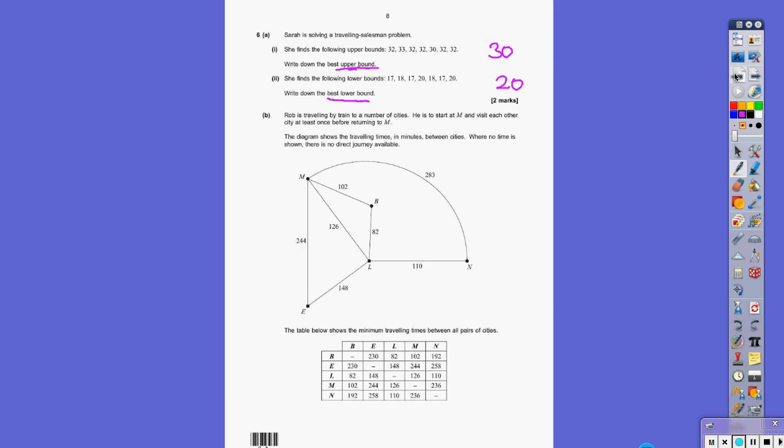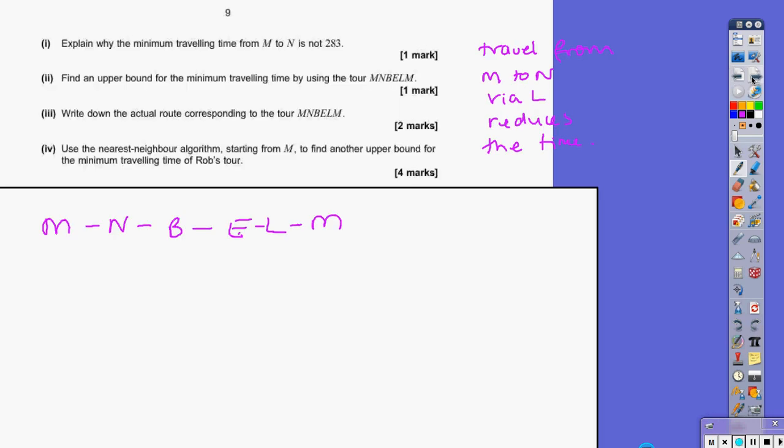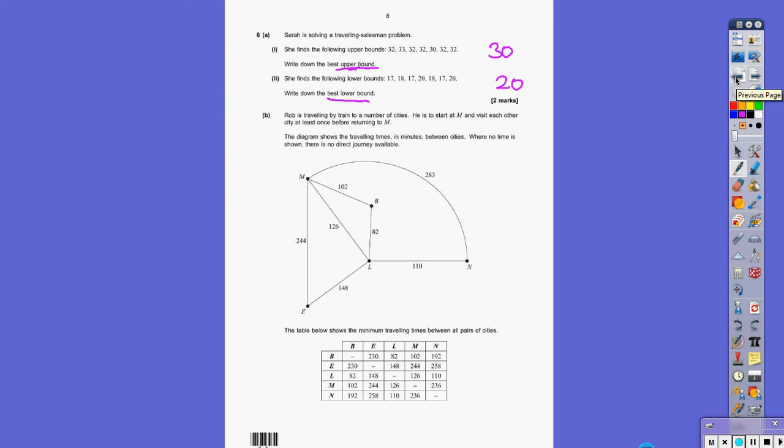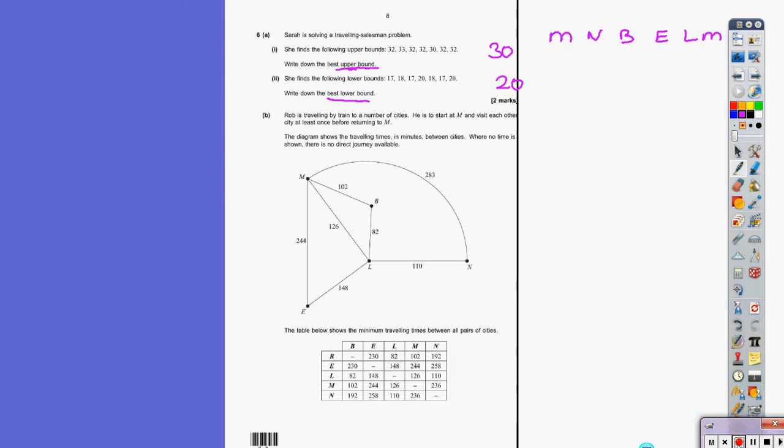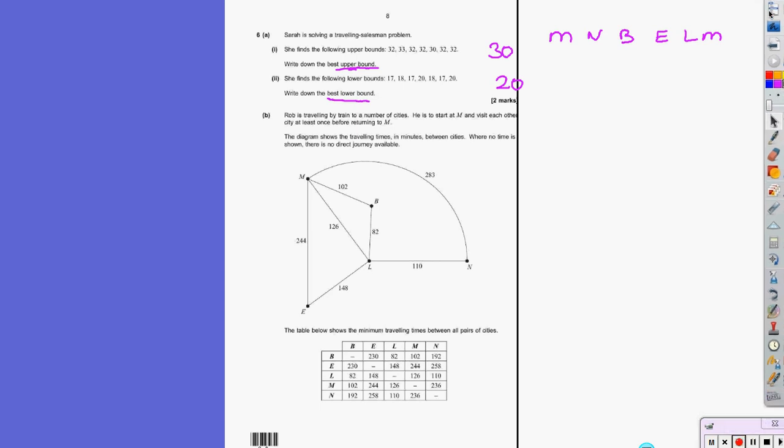Which means we're going to have to go back here. Okay, so I've written up the route that we've been asked to travel along. M to N is 236. N to B is 192.